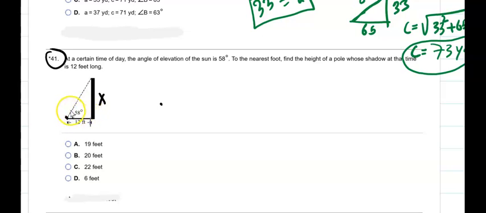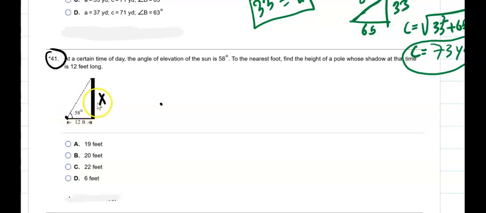The 58 degree angle is called the angle of elevation of the sun, at the time when the shadow casts 12 feet. The picture is already drawn for you, and this is the right triangle with this angle, which is called the reference angle.